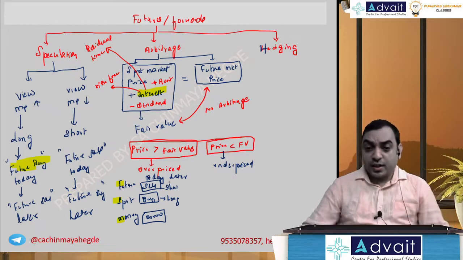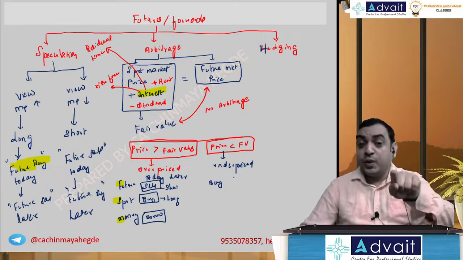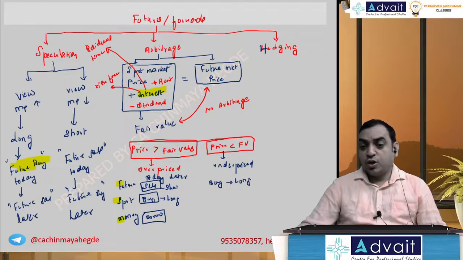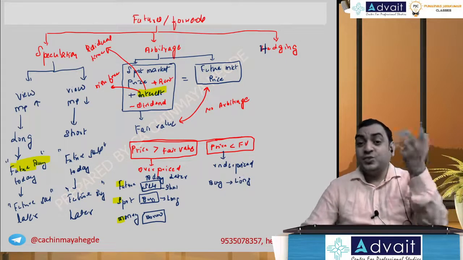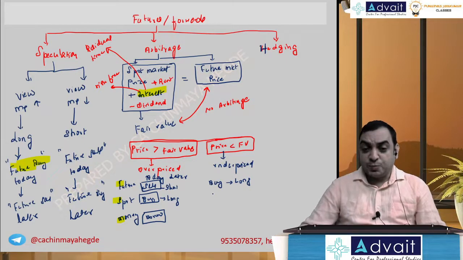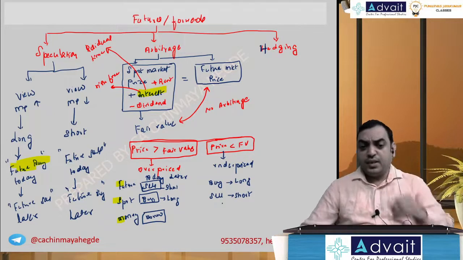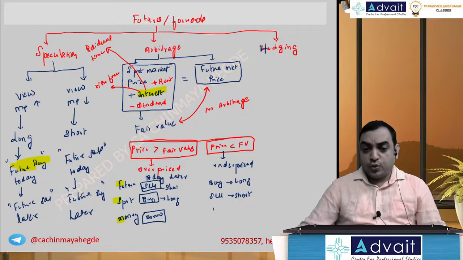So in future market, I'm going to buy futures. I will enter into buy future. I'm not paying any amount. That means here I'll take a long position. I'm buying in future means where will I sell? I will sell in spot market. That is, in spot market I'm going to take a short position, and once I sell the shares, I get the money. So money I'm going to deposit.